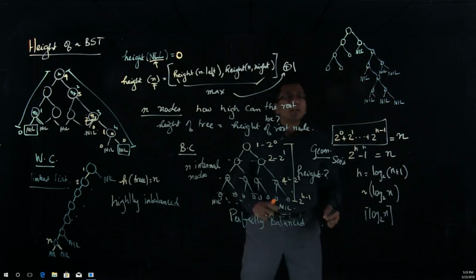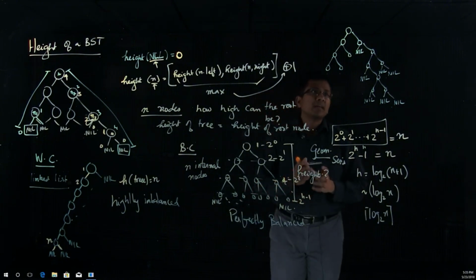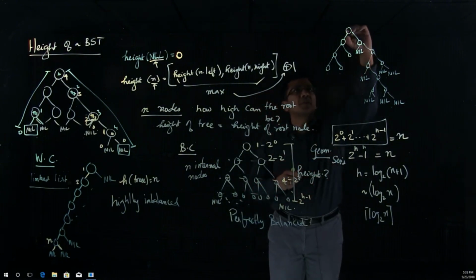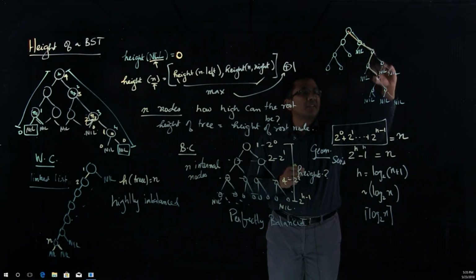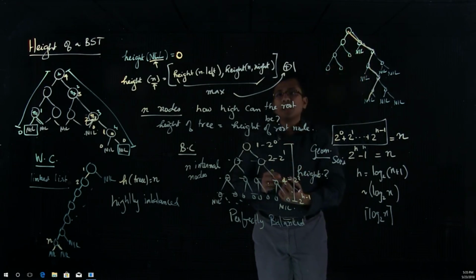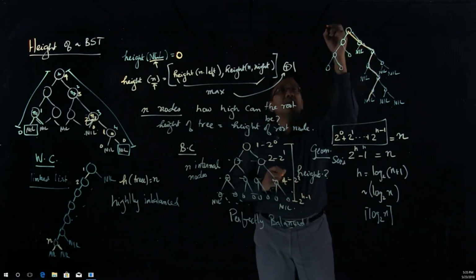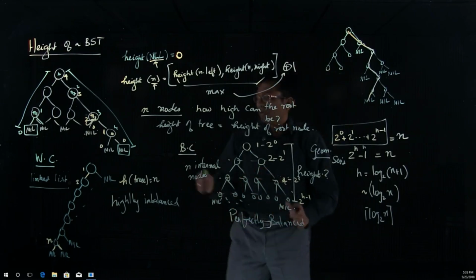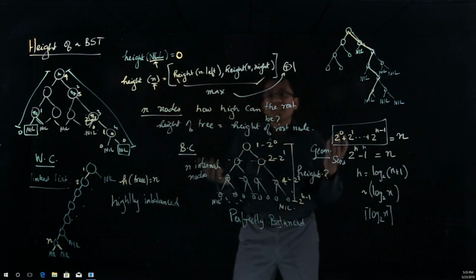I'm not going to write the remaining nil. So you can see the tree is imbalanced. For example, the longest path from the root to leaf that defines the height of the tree is going to be something like this. Whereas you can see there is another path which is much shorter. So this is going to be imbalanced, not perfectly balanced, not highly imbalanced, but somewhere in the middle.